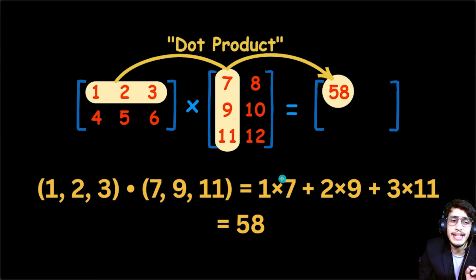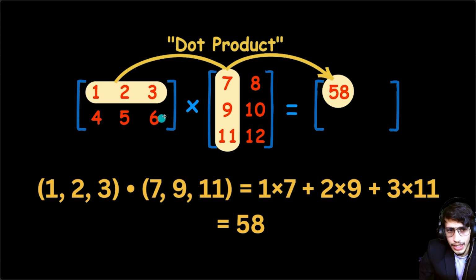One catch here is that I'm multiplying this to this. So remember that if the shape is n into j, then the other has to start with j, j into anything. It means the last dimension of the first matrix, j, has to match the first dimension of the second.